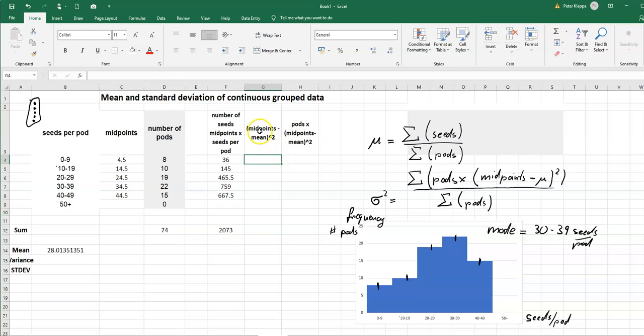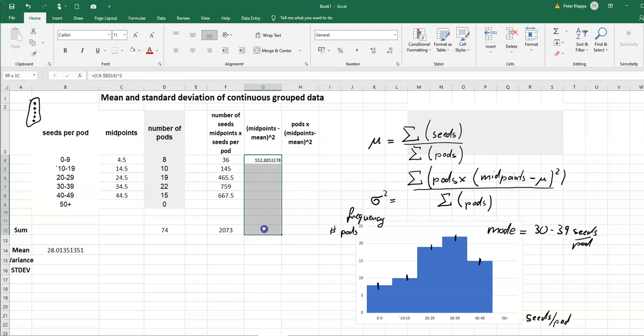First of all, we calculate the difference between the midpoints of the seeds, so this is this column here, minus the mean and square that. So that equals the midpoint minus the mean that we've just calculated, and I lock this cell so that it doesn't change, and square it.